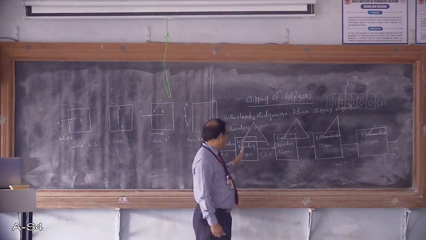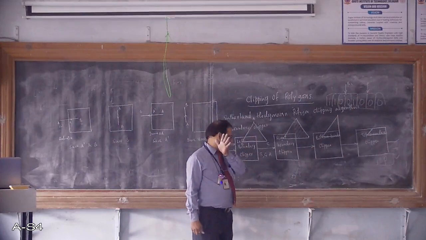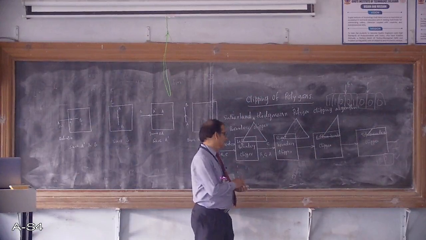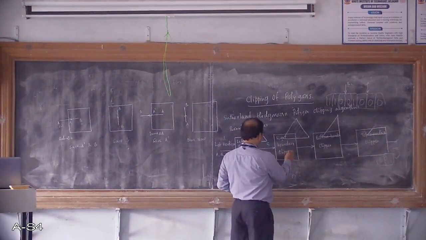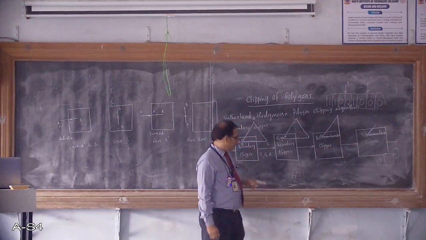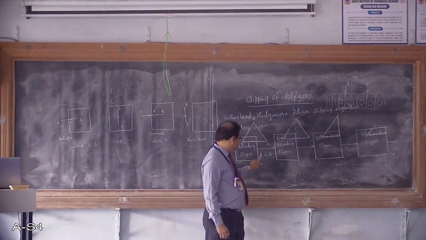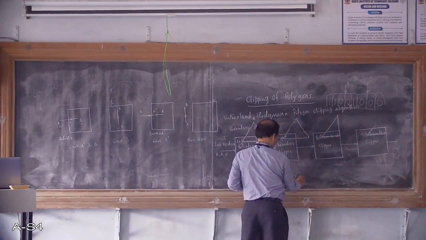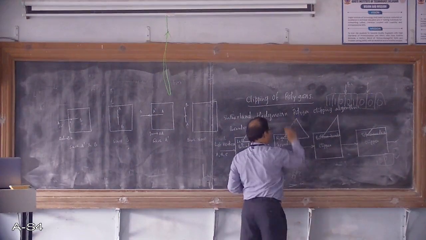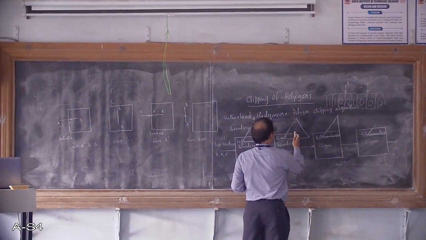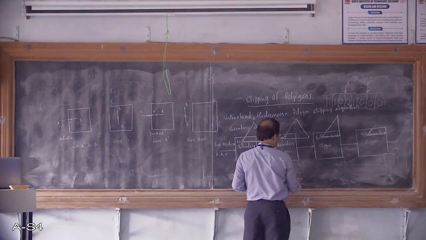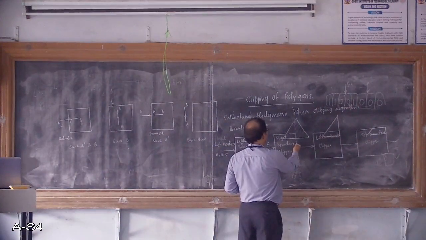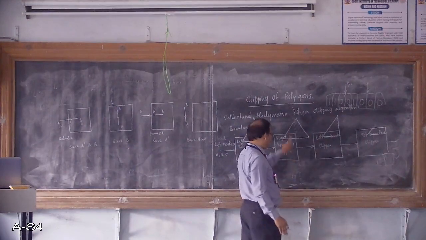This is obvious because the left boundary does not intersect with any of the edges of the polygon. The next thing is now the right boundary clipper. For the right boundary clipper, the input list of vertices is BCA. So the right boundary clipper is here. This is the right boundary of the clipping window, and anything to the right of this right boundary clipper is outside the clipping window, and any object lying to the left of this boundary is inside.